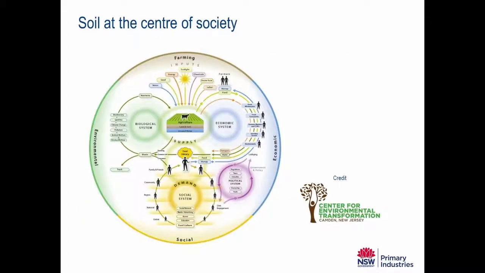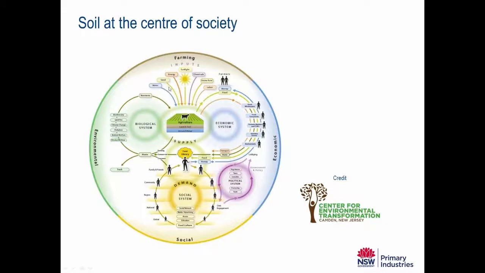Now, I borrowed this particular slide from the Centre for Environmental Transformation in the United States, and I hope my mouse works. Yep. We can see here that agriculture, land and soil is right in the heart of a functioning society.